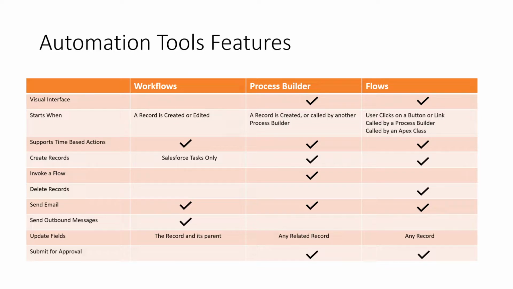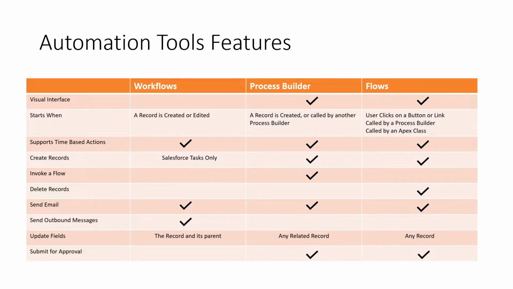Something that I forgot to mention, process builders also can be called by another process. So you can have two process builders, and once process builder number one finishes, it can call another process builder. On the other hand, workflows are very simple automation tools, and can only be called when a record is created or edited. They cannot be called by another process or by a button or link or any Apex class.